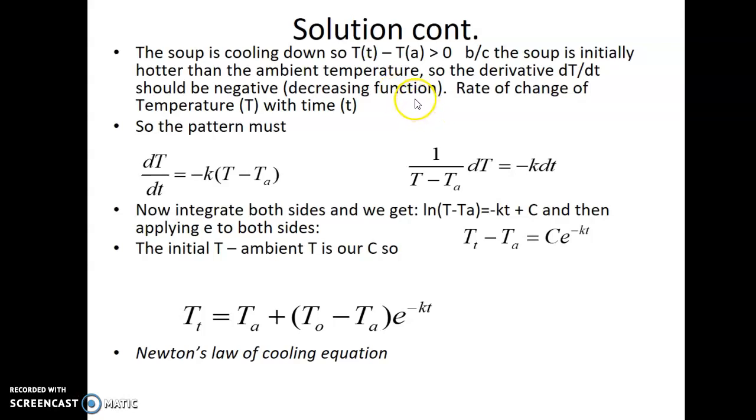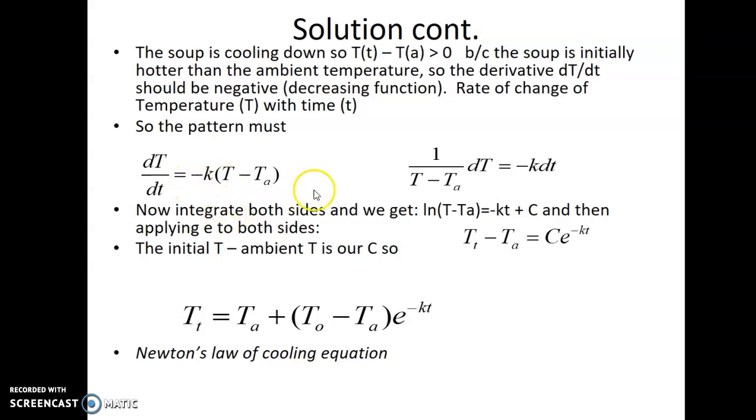It's a decreasing function. So we're looking at the pattern here of we're going to set this equal rather than proportional. But we want to have a negative k because our soup is cooling down here. So we need to make this a positive quantity. So for k, I have to put a negative out there.